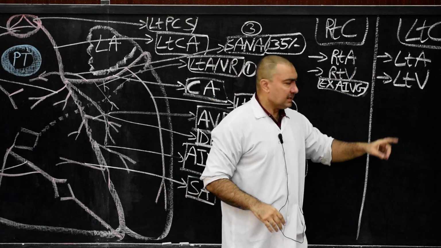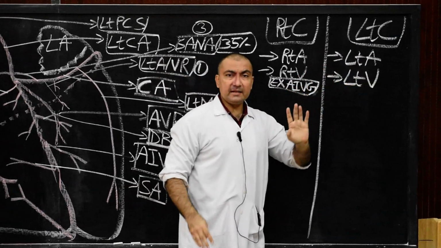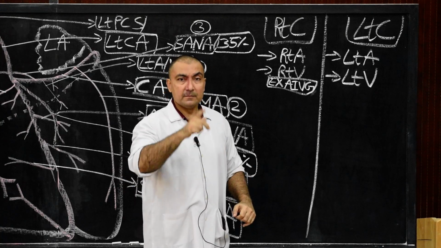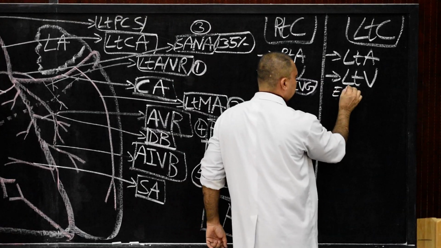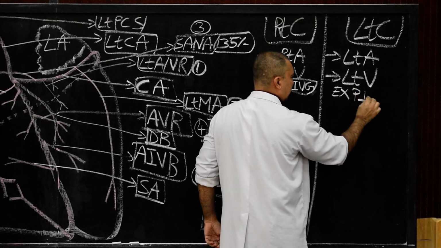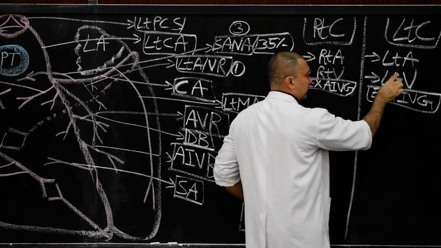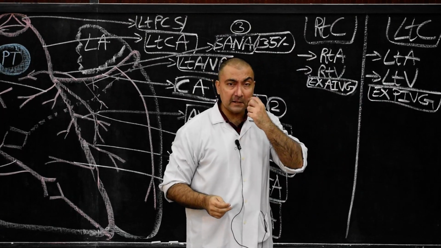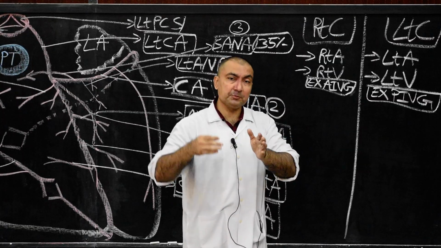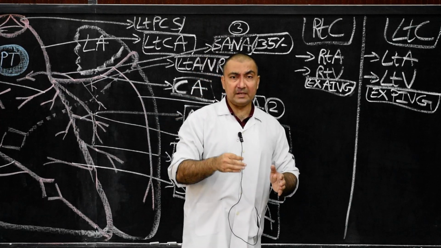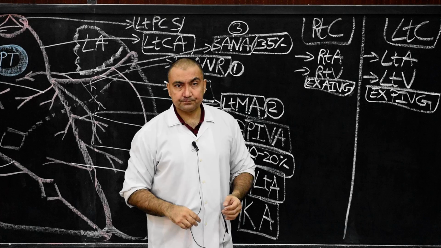What about the left side? The left coronary artery supplies the entire left ventricle except the posterior interventricular groove, that is, the area of the left ventricle located around the posterior interventricular groove, because the posterior interventricular groove contains the posterior interventricular artery, which is a branch of the right coronary artery.